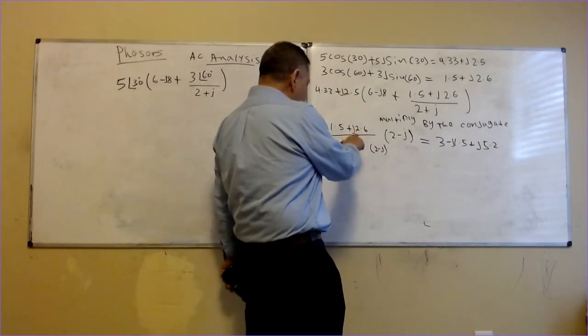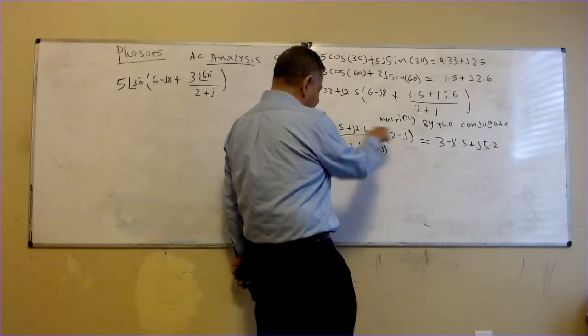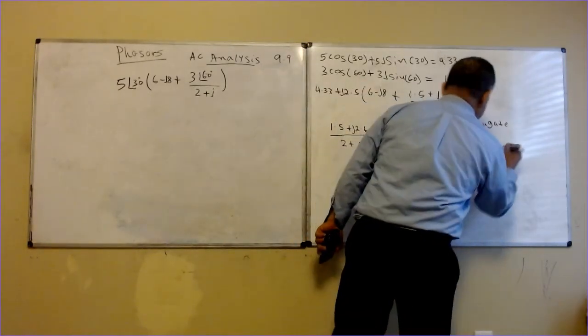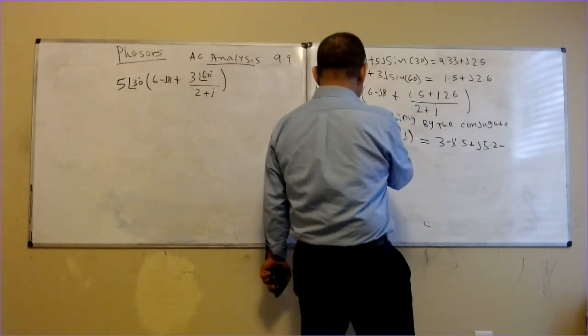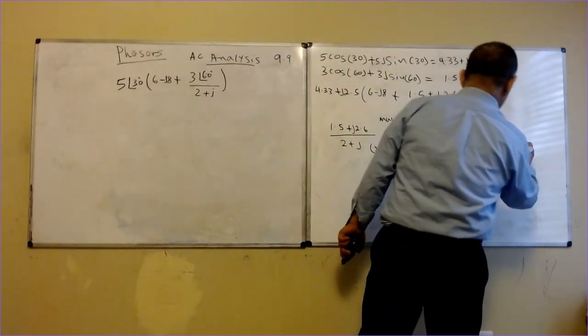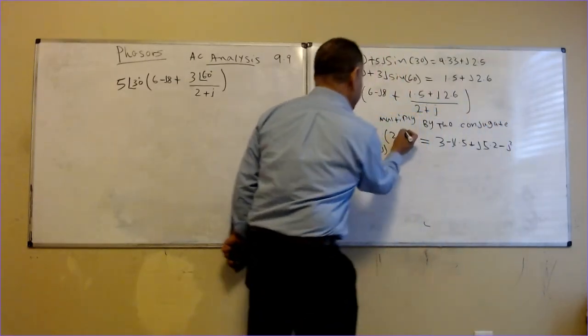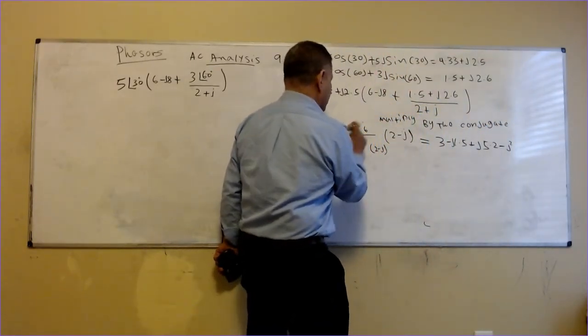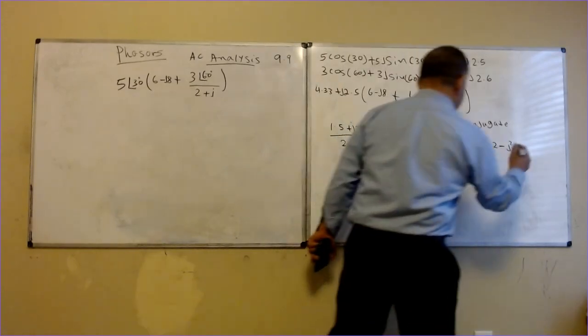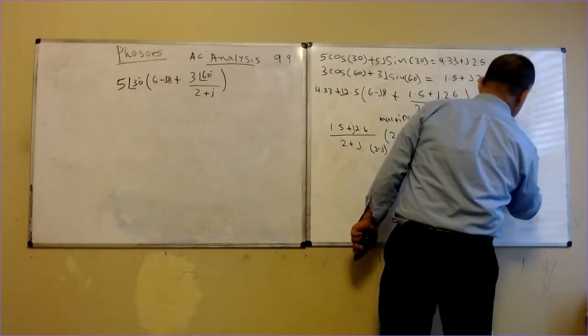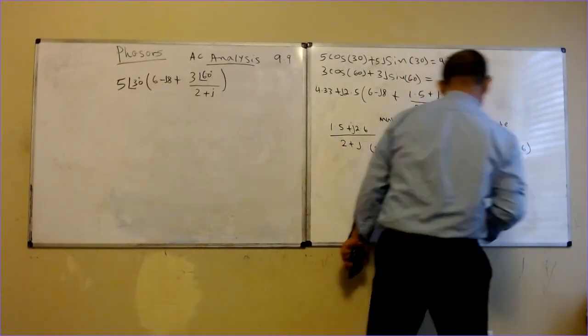Now I have to do the last one, and when I do, I get minus J squared over 2.6.